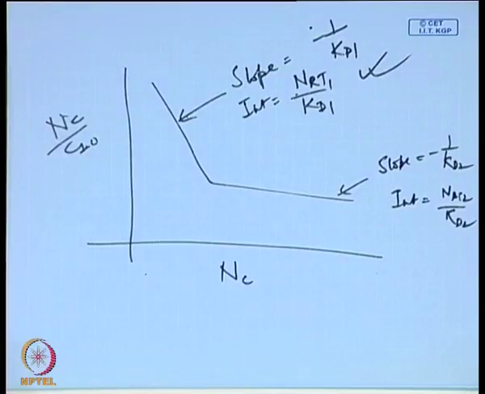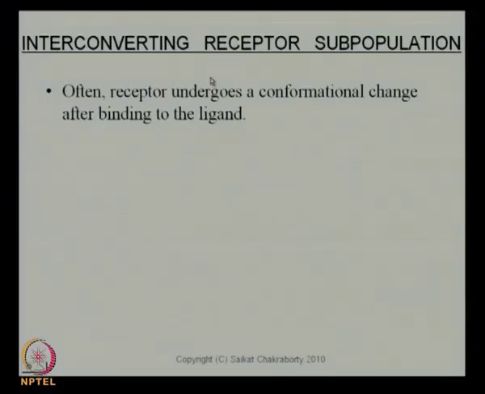So, let us look at this. Interconverting receptor subpopulation. If you look at the screen, often the receptor undergoes a conformational change, just as I said, after binding to the ligand. How does this differ from what we had done before? Before, we had two completely different receptors which have affinity for the same ligand.